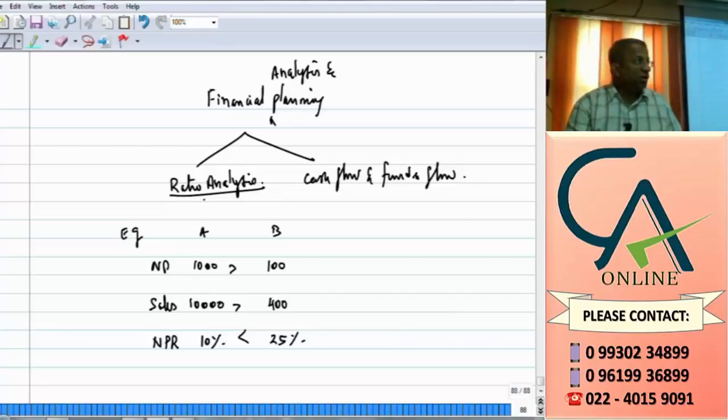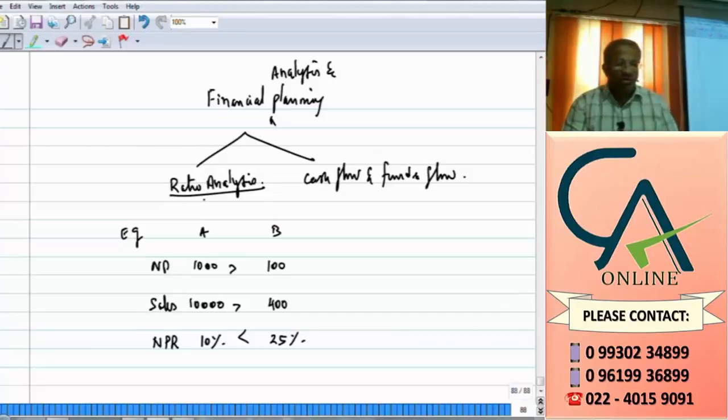Develop a ratio. Ratio will have some benchmarking. Higher ratio is good, lower ratio is good, higher ratio is bad, lower ratio is bad. Something like that as we have seen in the case of operating lease and finance lease. Accept project criteria. That way you should have the net profit ratio, which is higher in the case of B. Therefore, I am selecting B.